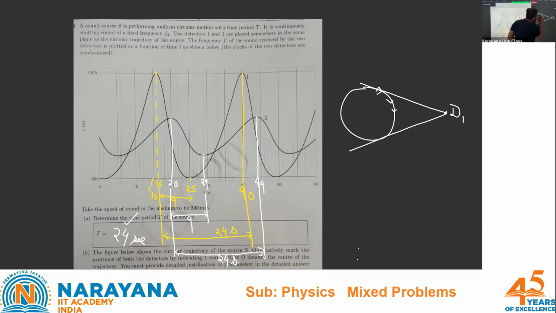What I send for him here at 0, he will receive after some delta t. And I'll send the same for him at capital T, so he will receive at capital T plus delta t. So that gap is again capital T, and if capital T is 24, this is also 24. Now somebody can ask how you know that detector is outside. It is possible that both of them are inside.